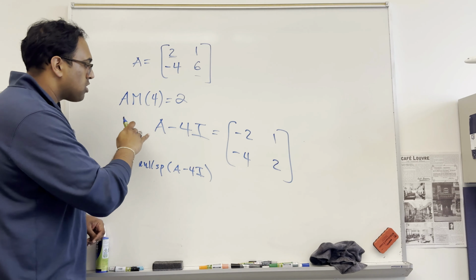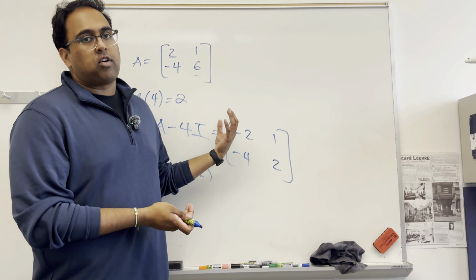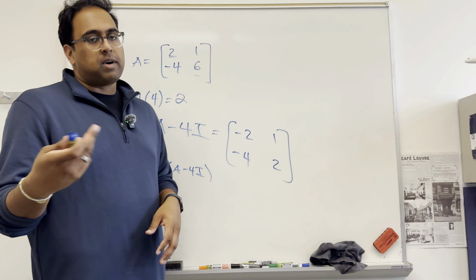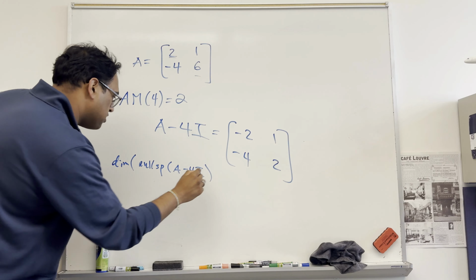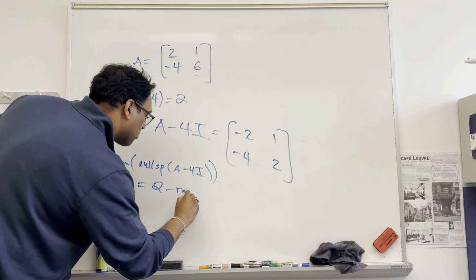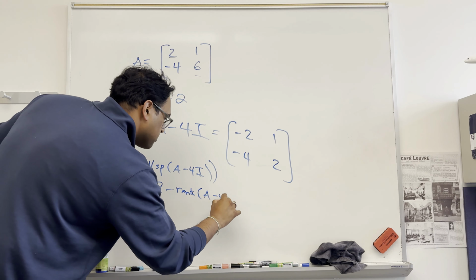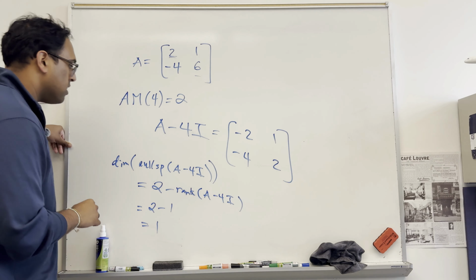So the rank of A minus 4I is 1, but the rank nullity theorem tells me the dimension of the null space of A minus 4I is the number of columns of A minus 4I minus its rank, which is 2 minus 1, which is also 1. That is, the dimension of the null space of A minus 4I is equal to 2 minus the rank of A minus 4I, which is 2 minus 1, which is 1.